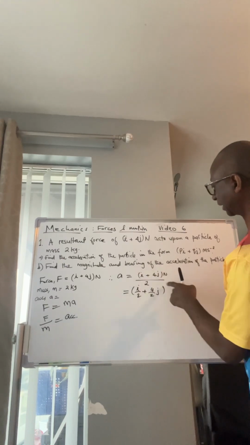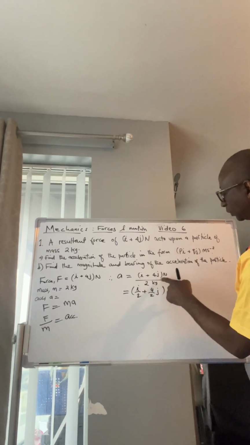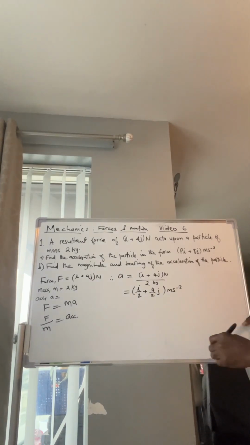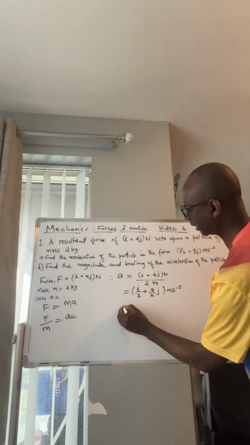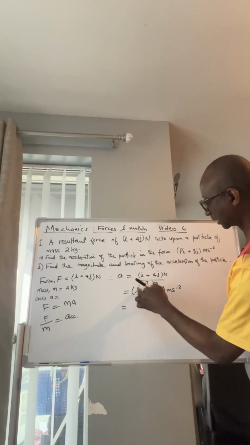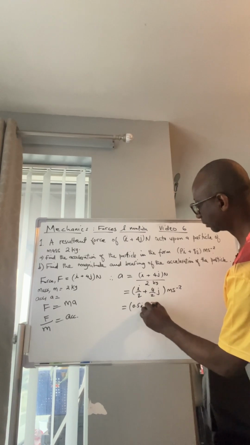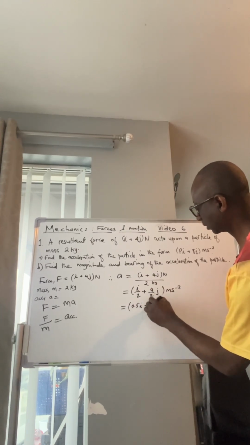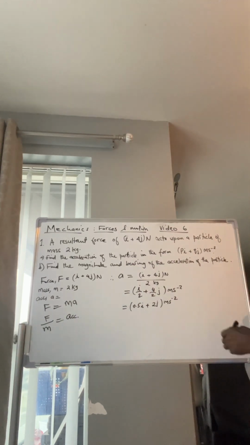Because you are looking for acceleration, newtons per kilogram will change to meters per second squared. The problem is solved already, but let's simplify. i divided by 2 gives 0.5i, plus 4 divided by 2 gives 2j meters per second squared. So this is the final answer.